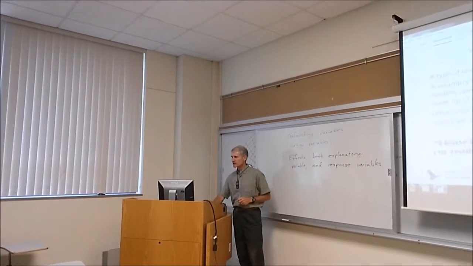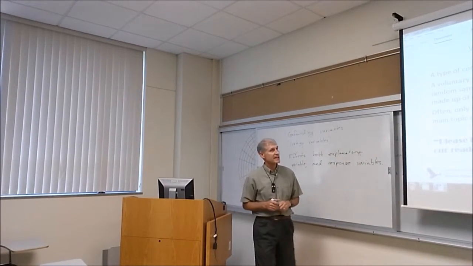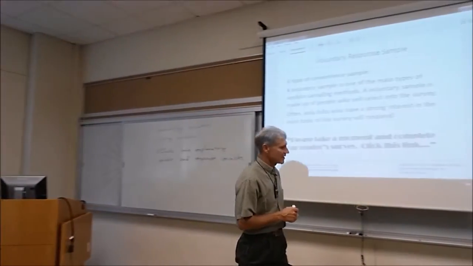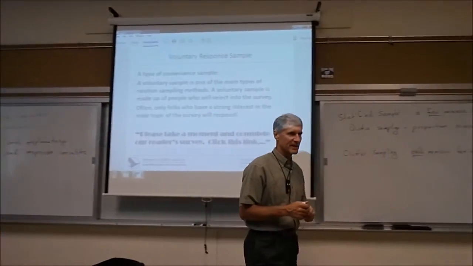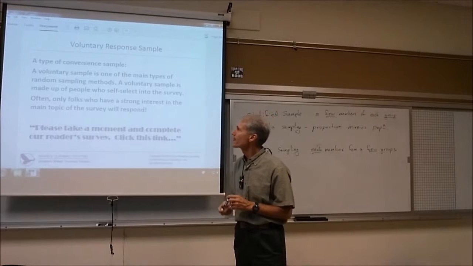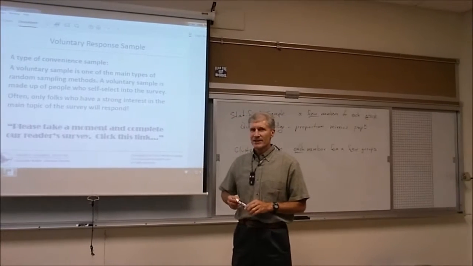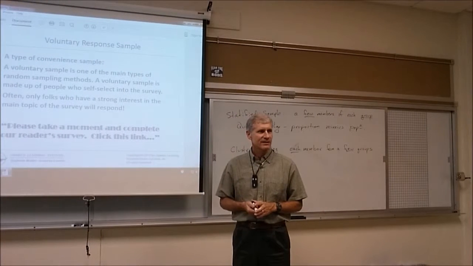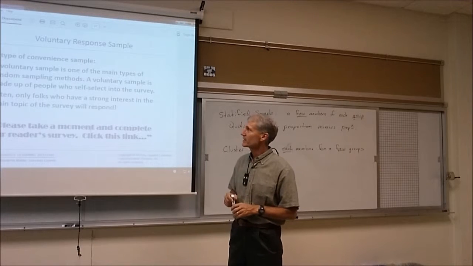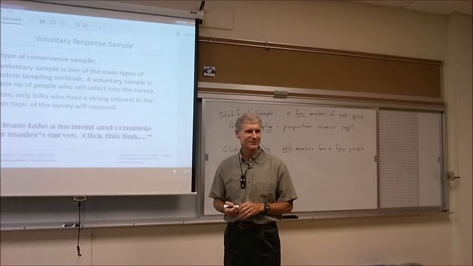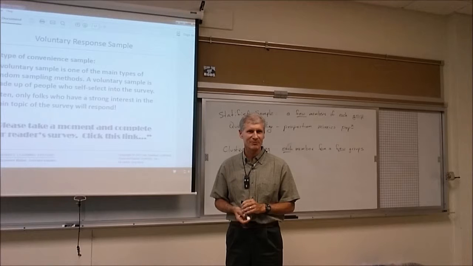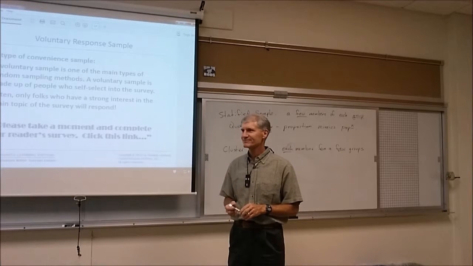Now, the one the book does not talk about is a type of convenience sample, a voluntary response sample. And I'll start off by saying, don't ever trust the results from a voluntary response sample. They're just bad.